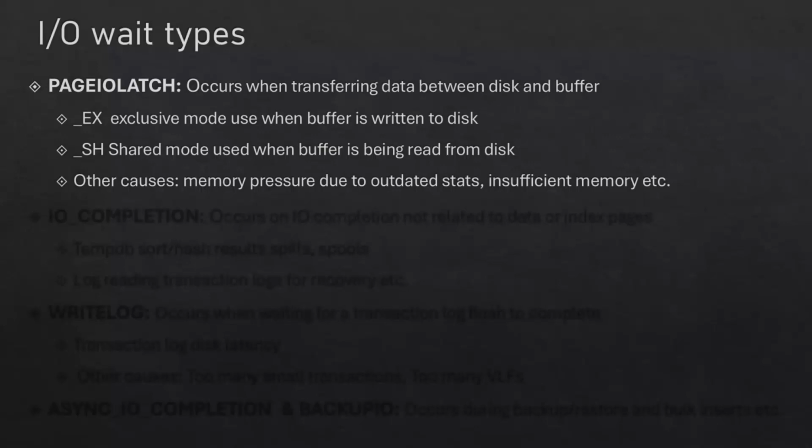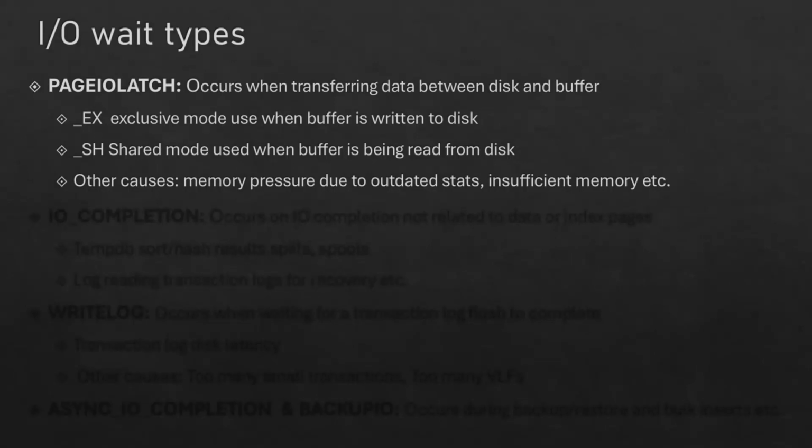Similarly, when you're reading, you have to acquire a shared lock, and that is when the page IO latch shared is used. In order to read, it first has to get this latch or lock, and then perform the read operation. But if for some reason you're not able to acquire this lock, it is waiting for it. That is the wait type captured here.